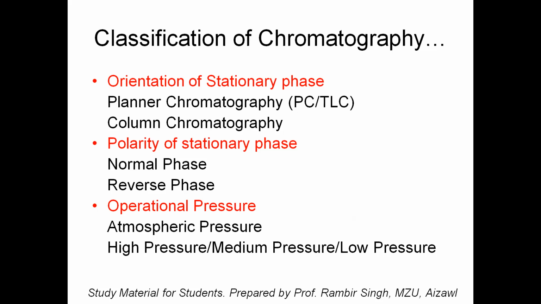Now, based on the polarity of the stationary phase. In one classification, we discussed whether it was adsorption or partition, based on the nature of the stationary phase, solid or liquid. Based on polarity of the stationary phase, chromatography is divided into two heads: normal phase chromatography and reverse phase chromatography.